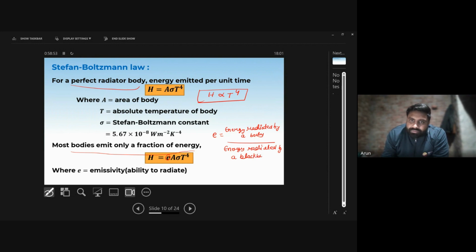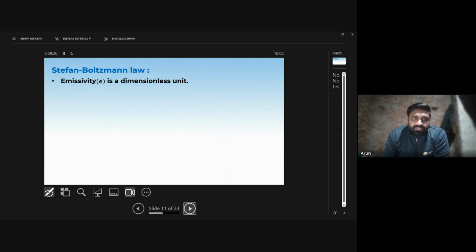So with respect to that, how much energy this body is able to radiate is given by E. That is why E is always less than 1 for a practical body, and E is equal to 1 for a black body. So this E is a dimensionless quantity. For a perfect radiator, E is 1.